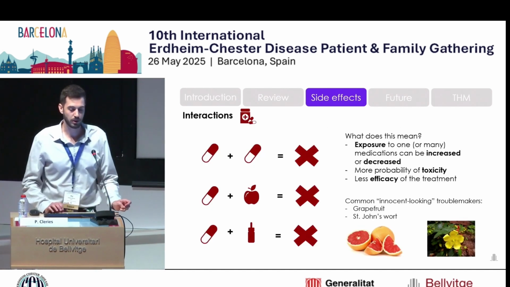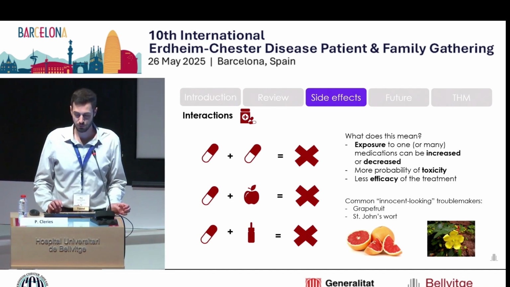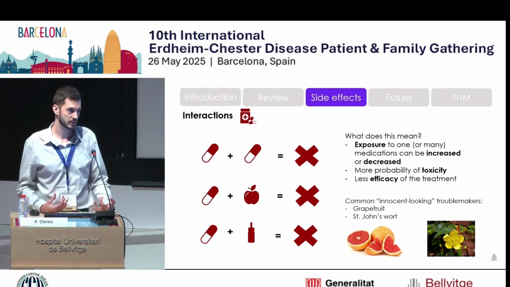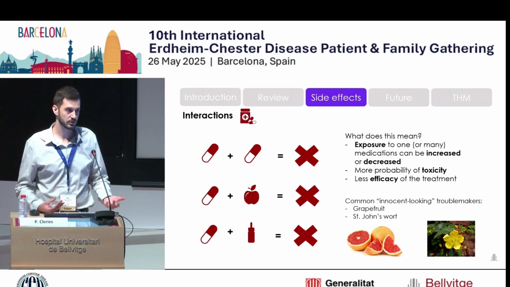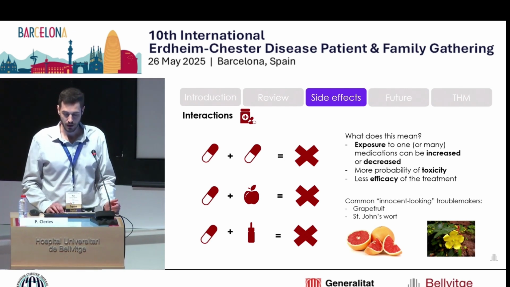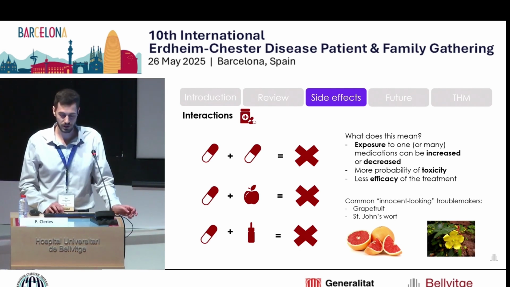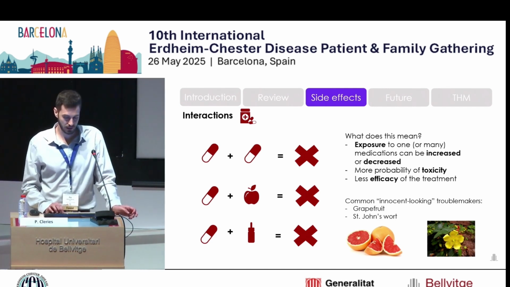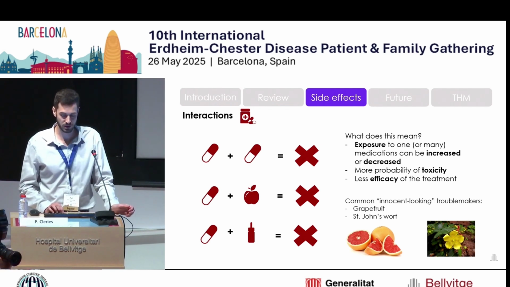Lastly, I would like to talk about interactions. What are these? These are incompatibilities between two medications, for example, or a medication and food. That's why some of the treatments are to be taken on an empty stomach, and also between medications and supplements or herbal remedies. But what are these interactions? To make it simple, they may increase or decrease the exposure of the medication we're taking, which in turn could mean suffering more side effects or experiencing a decrease in treatment efficacy.